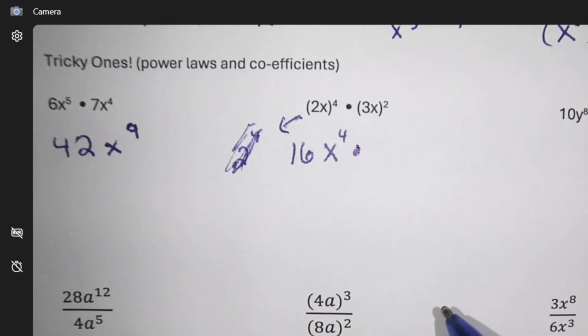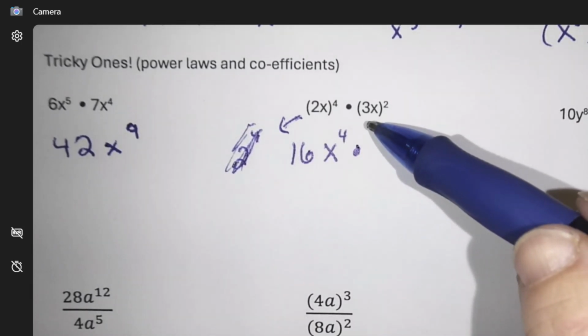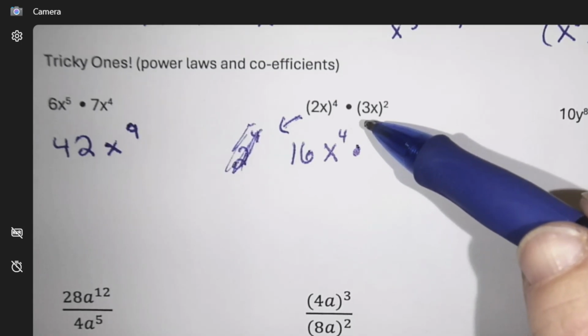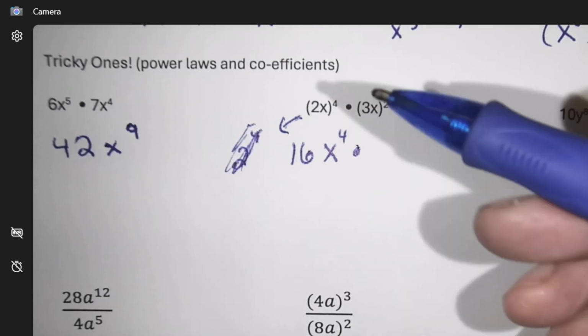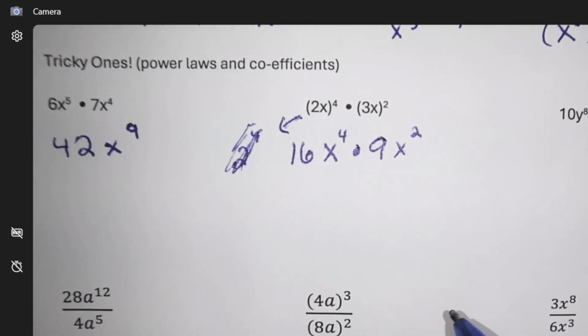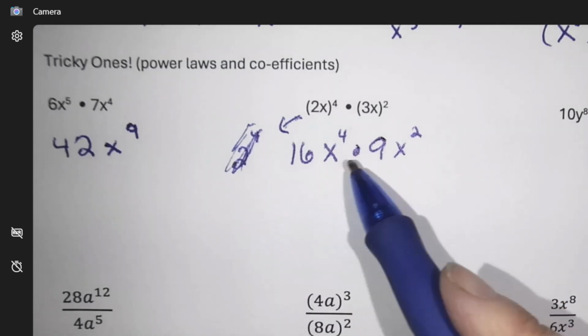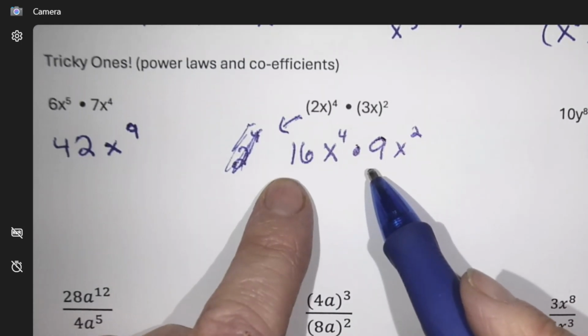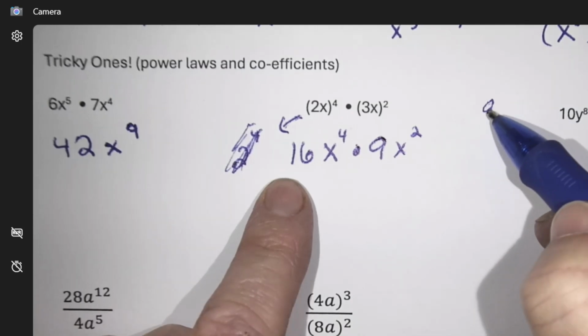Times, is this coefficient part or afterthought? Part of it. So then what is the new coefficient going to be on this? 9x squared. Okay, we can do this. What's 16 times 9? So let's go, what's 10 times 9? 90.